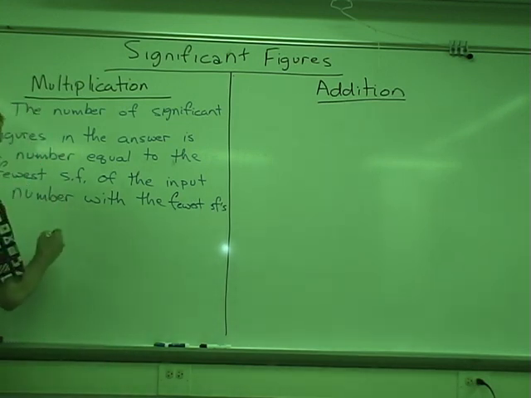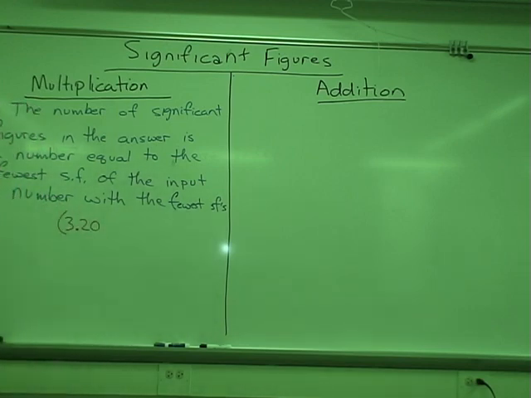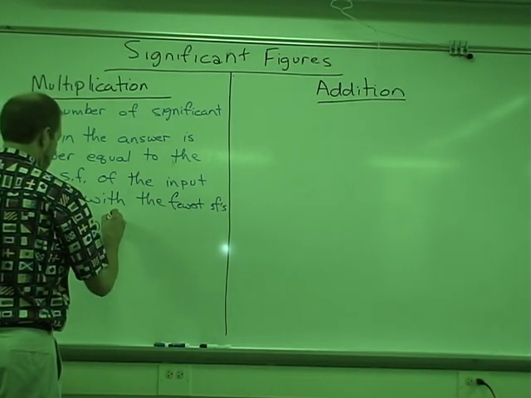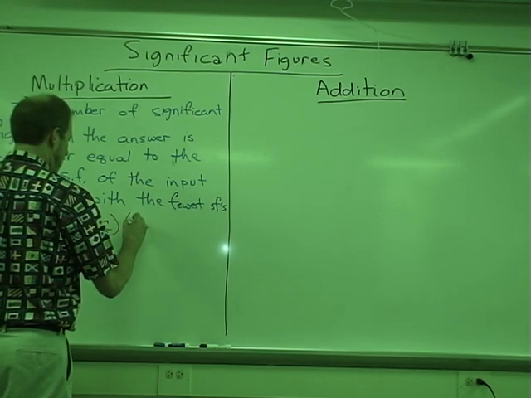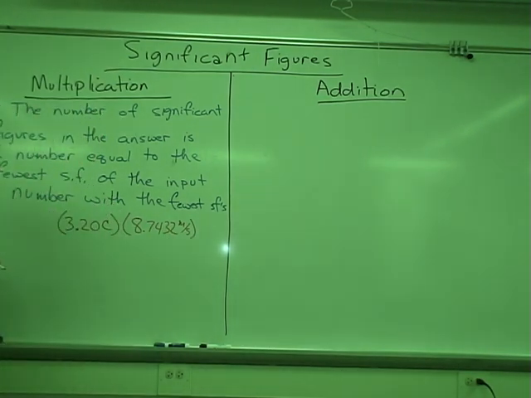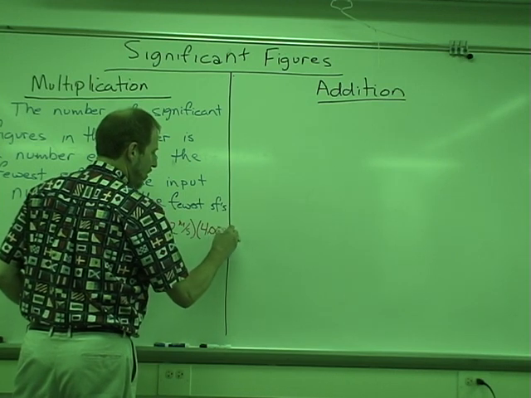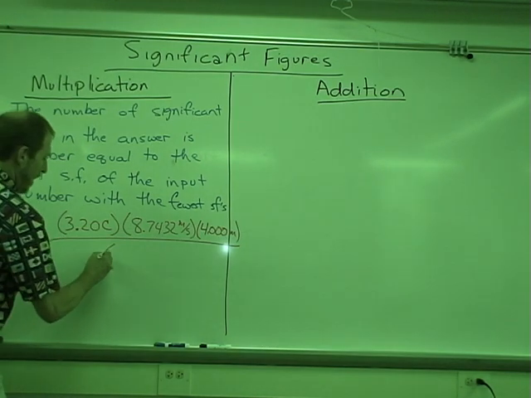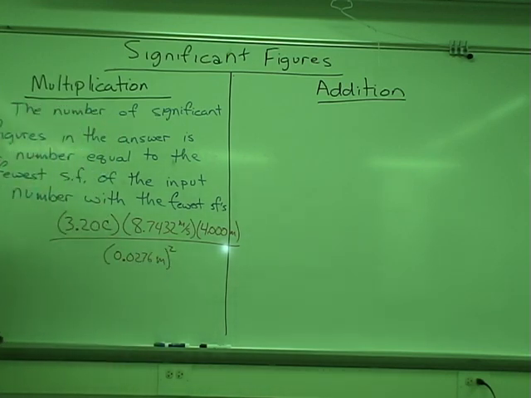Suppose I've got 3.20 coulombs times 8.7432 meters per second times 4.000 meters divided by 0.0276 meters squared. That's vaguely like some of the things that we're going to run across later.